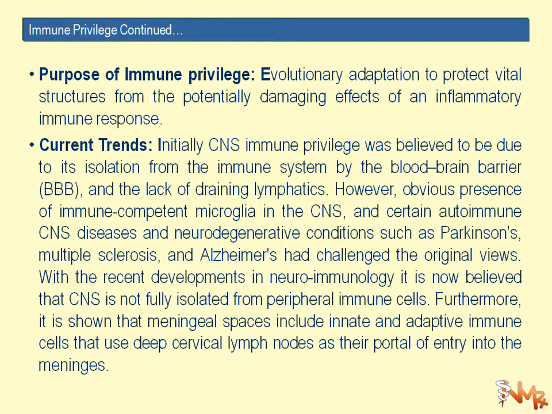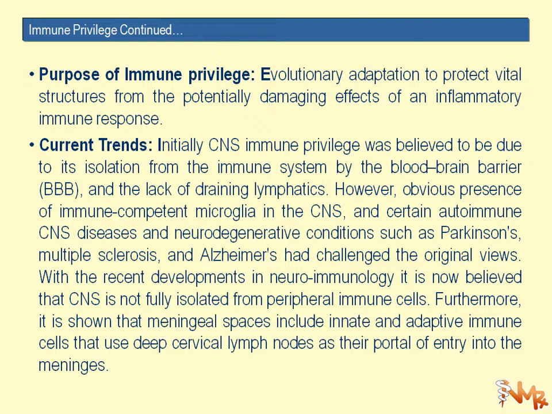For instance, initially CNS immune privilege was believed to be due to its isolation from the immune system by the blood-brain barrier and the lack of draining lymphatics. However, lately, the obvious presence of immune-competent microglia in the CNS and certain autoimmune CNS diseases and neurodegenerative conditions such as Parkinson's, multiple sclerosis, and Alzheimer's has challenged the original views.